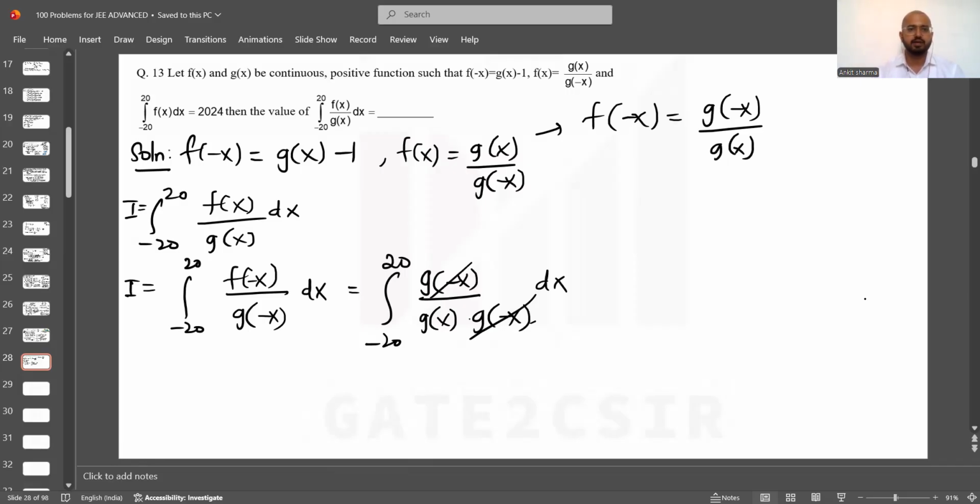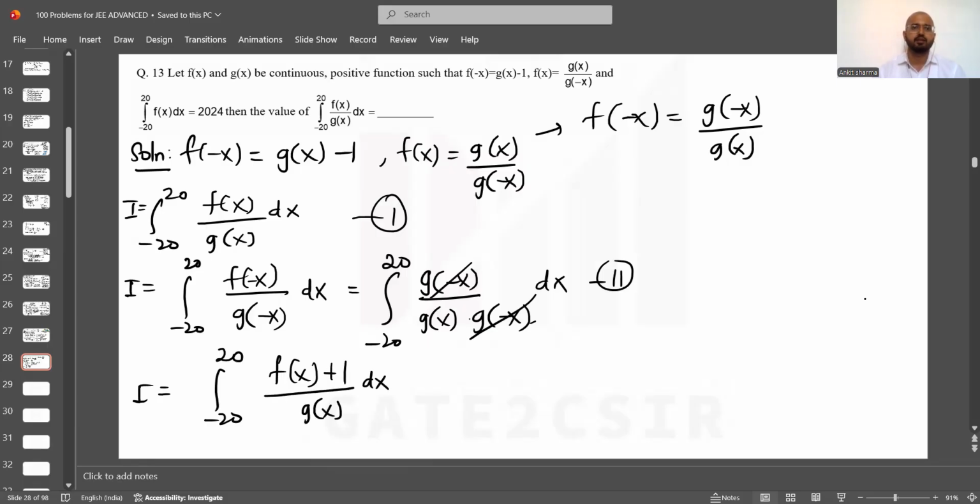Now I can think of adding these two equations, 1 and 2. So this gives me I is equal to the integral from minus 20 to 20. The base is same, so I can just add it: f of x plus 1 over g of x dx. And now f of x plus 1 can be written as g of x from here. No, that is f of minus x.